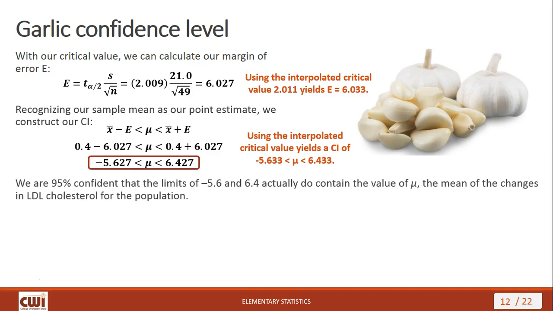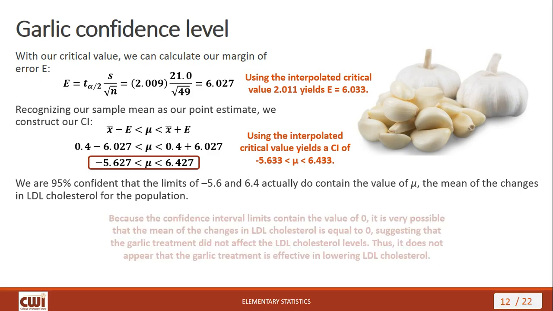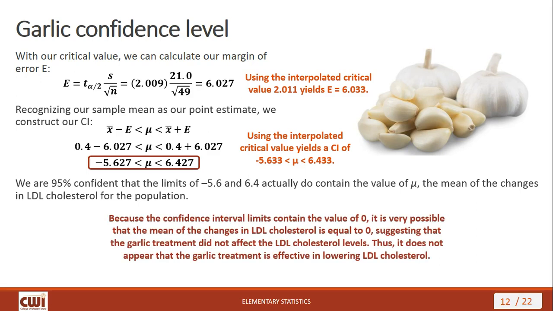Now, we're 95% confident that the limits of negative 5.6 to 6.4 actually contain the value of our population mean, which is the mean of the changes in LDL cholesterol for the population. So the thing you need to look at now is interpreting the confidence interval for the question at hand.